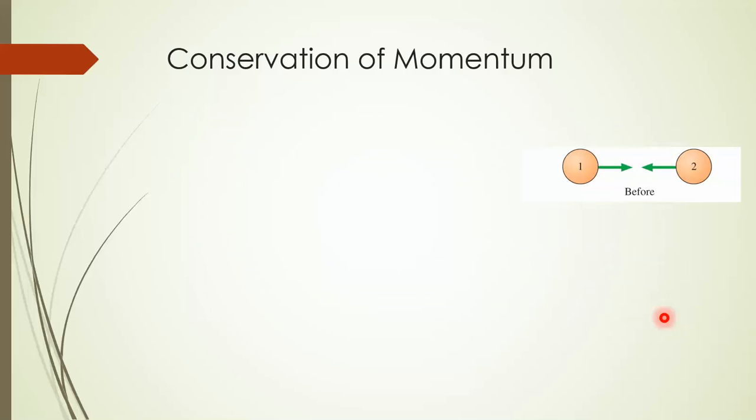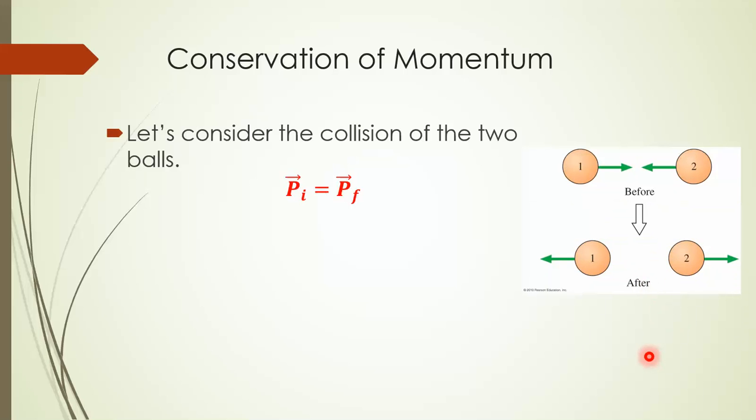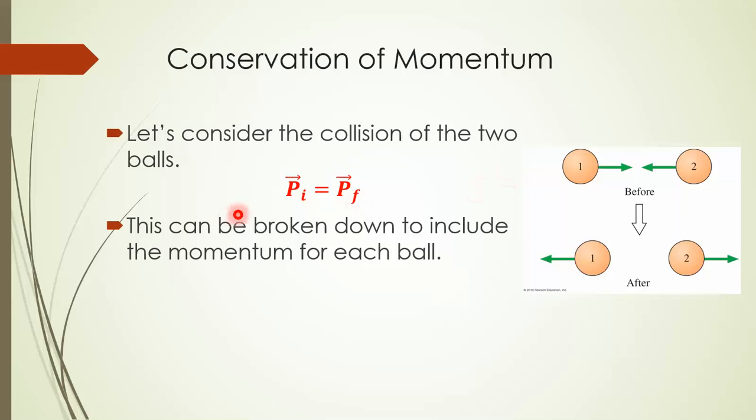So let's break the law of conservation of momentum into a little more detail. We have two balls that are colliding, and then they move apart from each other. So their initial total momentum equals their final total momentum. So we can break the P into parts for each ball.